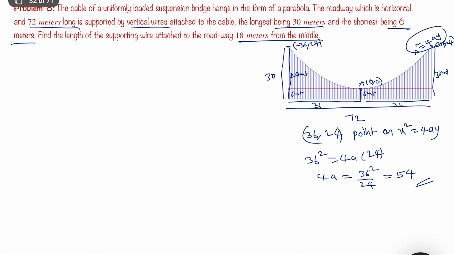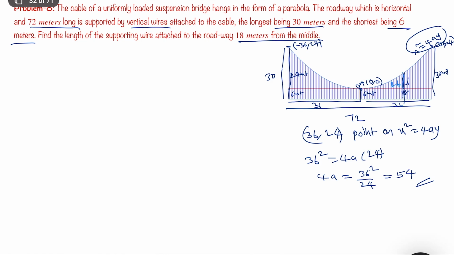So if this is 0, and let us say here is 18, we are interested in the length of the wire attached here. Let's say that is L. If this total is L, then this much is going to be L minus 6.